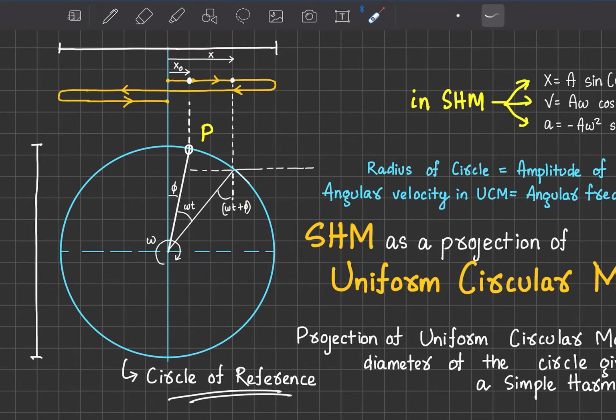Let's take this whole angle as theta, so theta equals omega t plus phi. We have added those two angles, and for making it simpler, we have taken this angle to be theta. If this angle is theta, this angle is also theta, right?